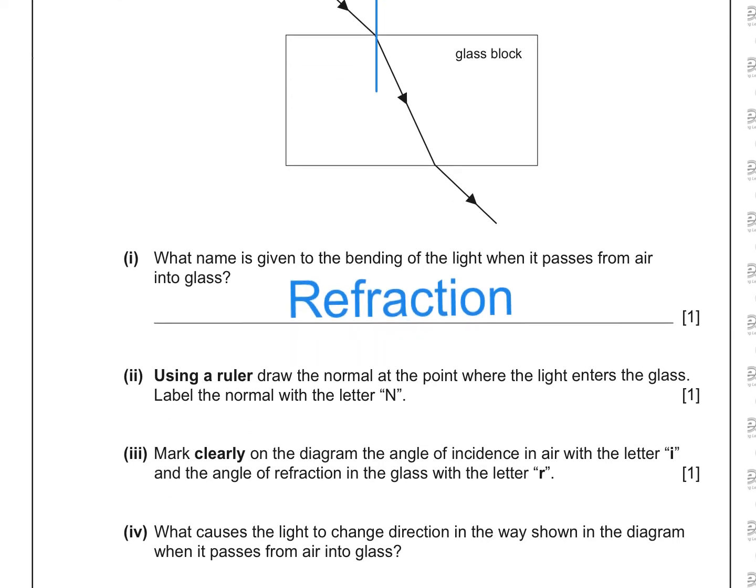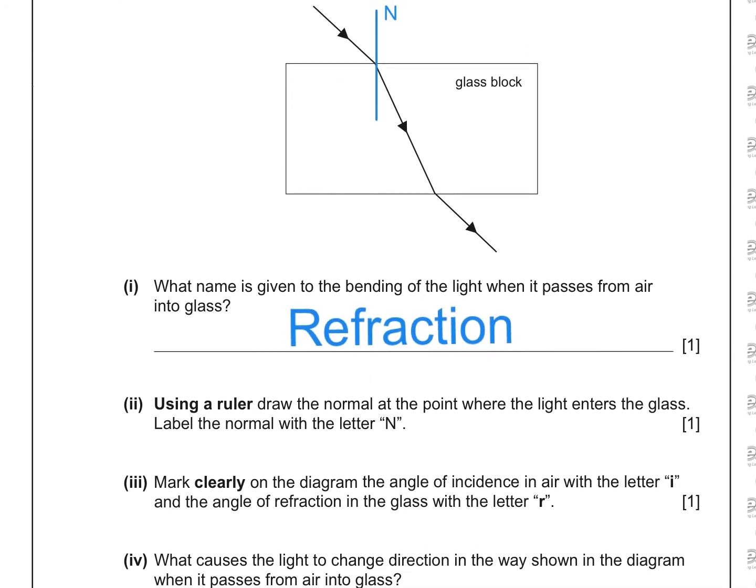So the angle of incidence will be the angle between the incident ray and the normal up here. And the angle of refraction in the glass will be the angle between the refracted ray and the normal just here. So we just mark them, the angle between the incident ray and the normal with an I, and the angle between the refracted ray and the normal with an R.